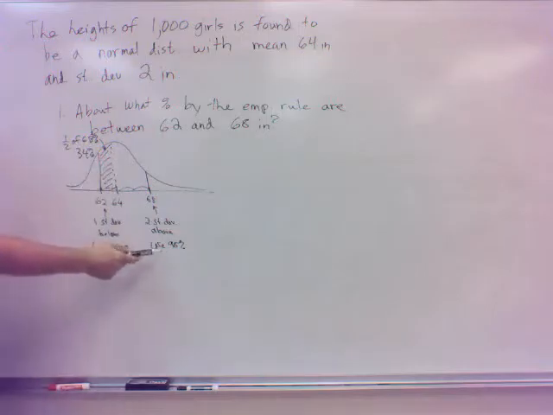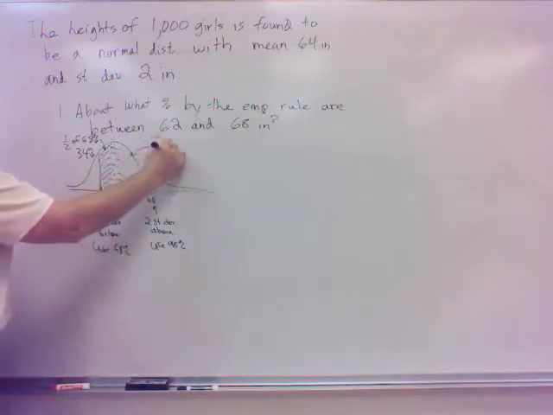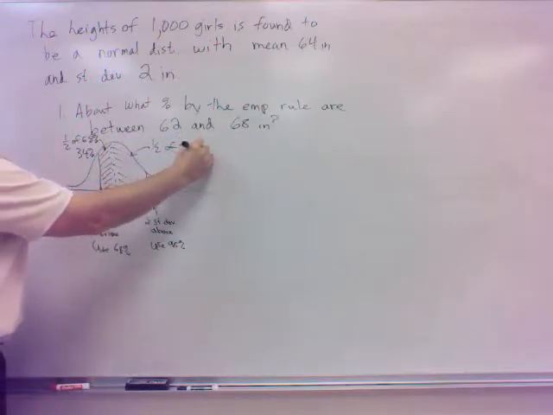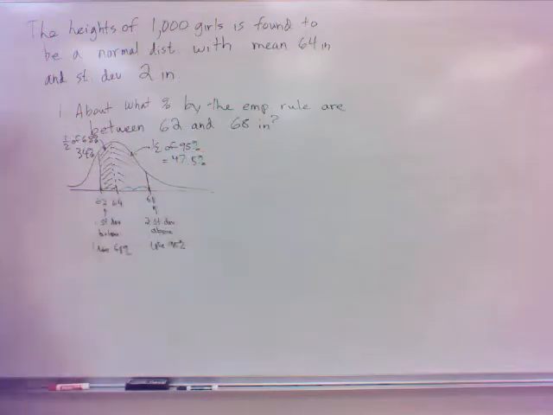I'm going to do the same thing with the 95. 95% are within 2 standard deviations of the mean, but I only want 2 above the mean, so I want half of the 95, which is 47.5.